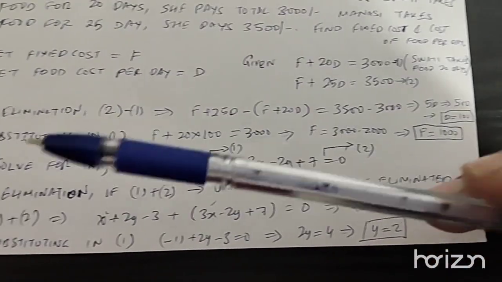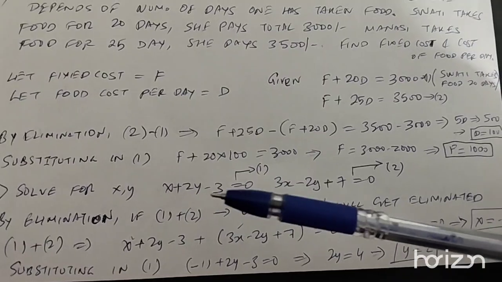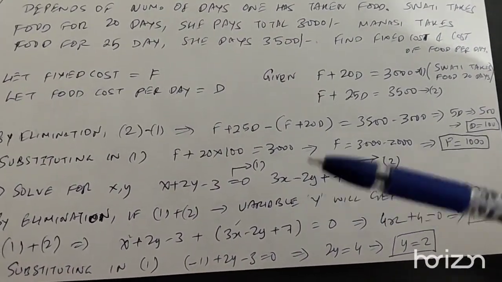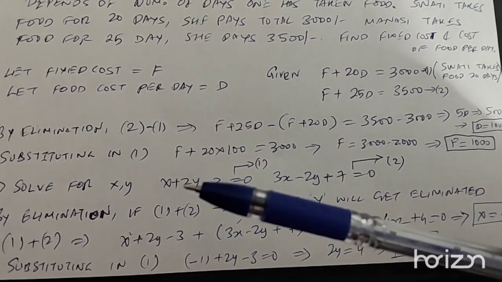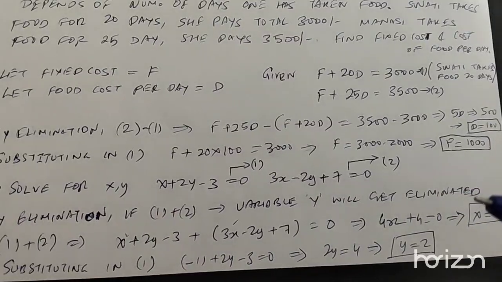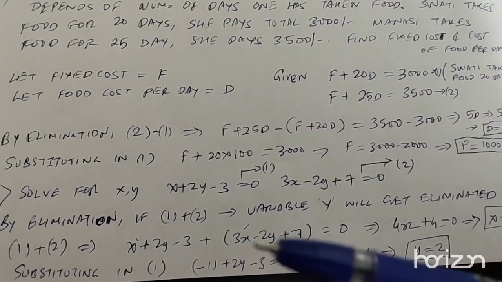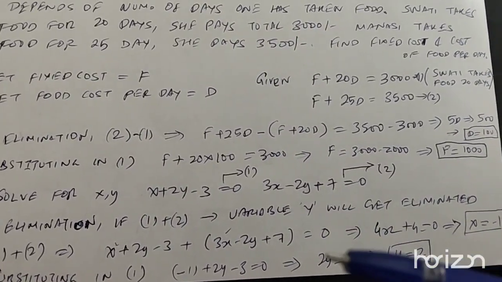Okay, then solve for x and y. That's the next question. x plus 2y minus 3 is equal to 0 and 3x minus 2y plus 7 is equal to 0. These are two equations. So if you want to do by elimination, you can see there is plus 2y here, there is minus 2y. Just adding it will enable y to get eliminated. So x plus 2y minus 3 plus 3x minus 2y plus 7 is equal to 0.